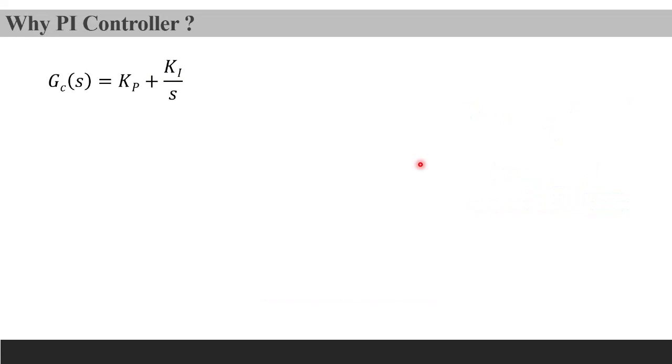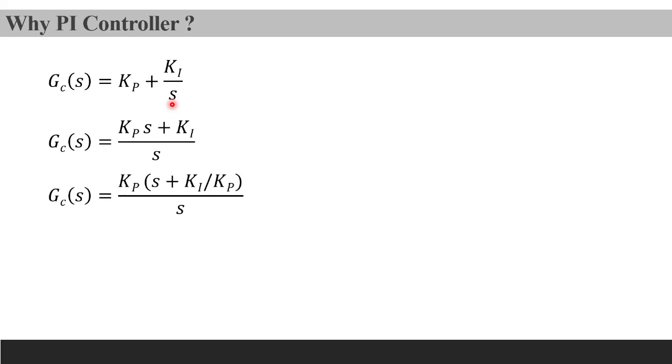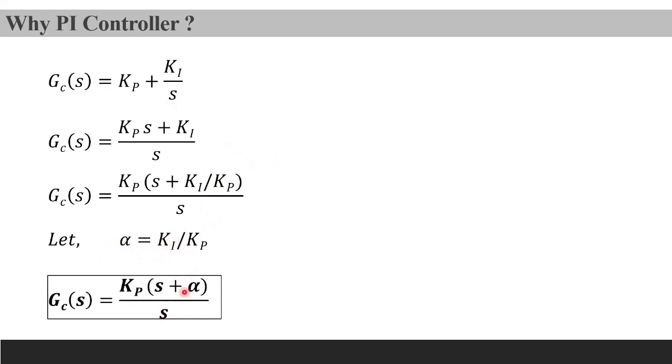But before that, let's simplify the expression for the PI control. Kp is the proportional control and Ki upon s is the integral control, and we can simplify it by taking the LCM and factorizing it. Then we can call Ki upon Kp a single parameter, let's say alpha, and substitute it.